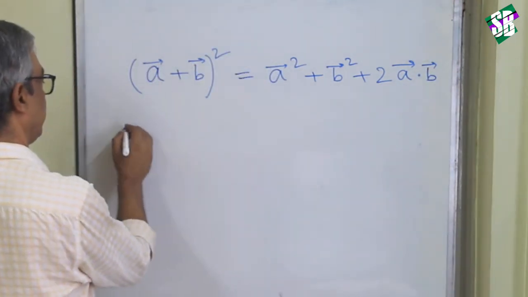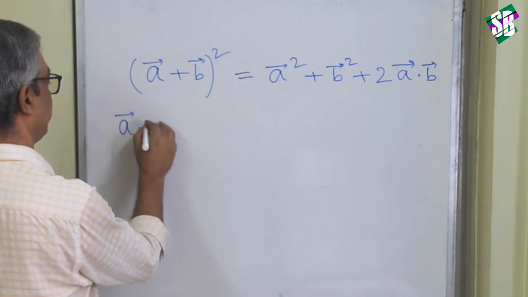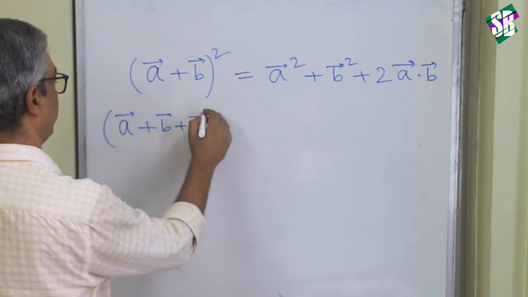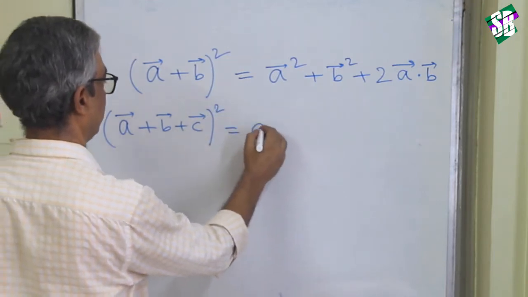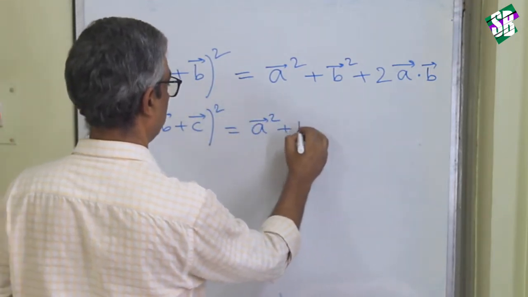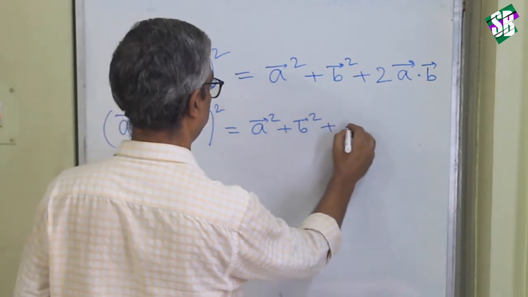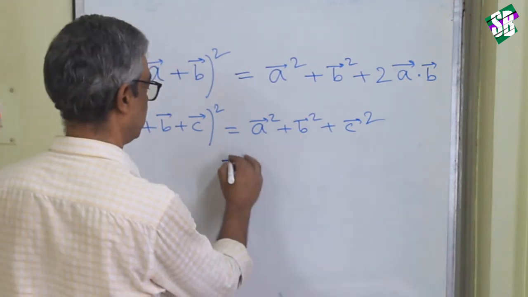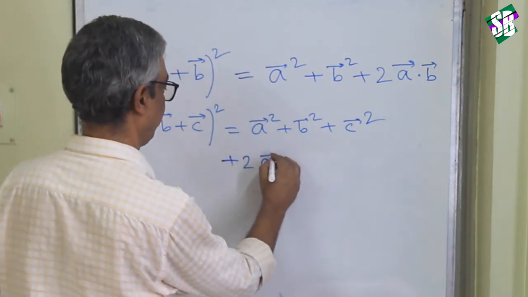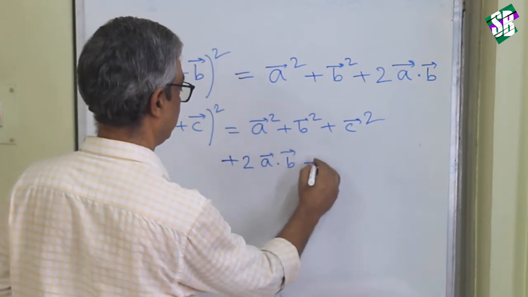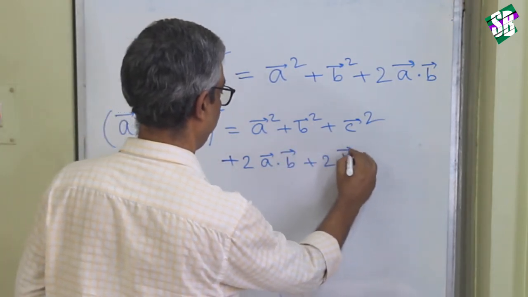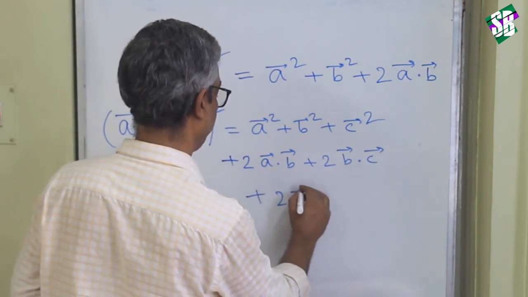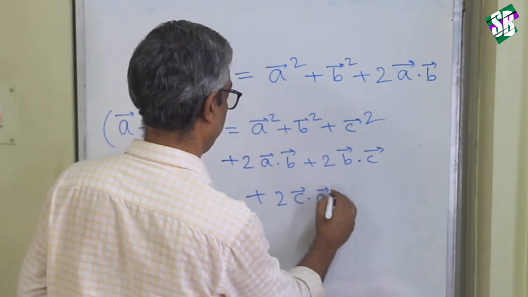And A vector plus B vector plus C vector squared is A vector squared plus B vector squared plus C vector squared plus 2 A vector dot B vector plus 2 B vector dot C vector plus 2 C vector dot A vector.